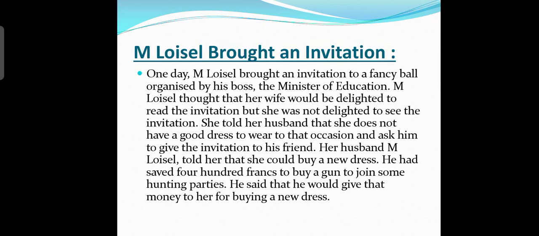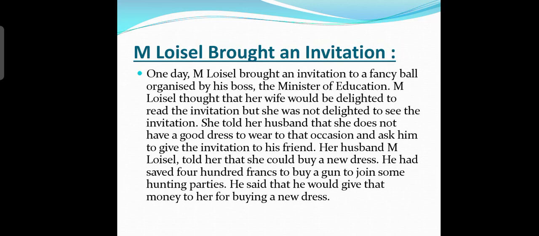One day, M. Loisel brought an invitation to a fancy ball organized by his boss, the Minister of Education. M. Loisel thought that his wife would be delighted to read the invitation, but she was not delighted to see it.